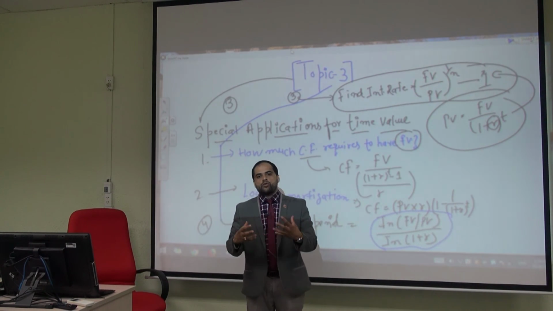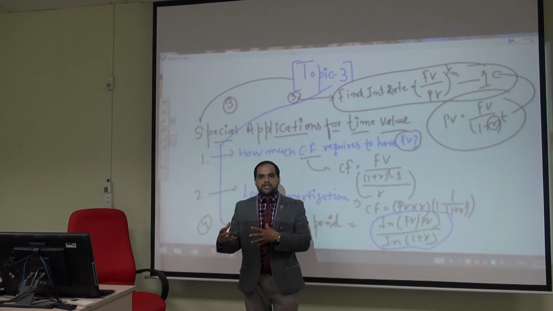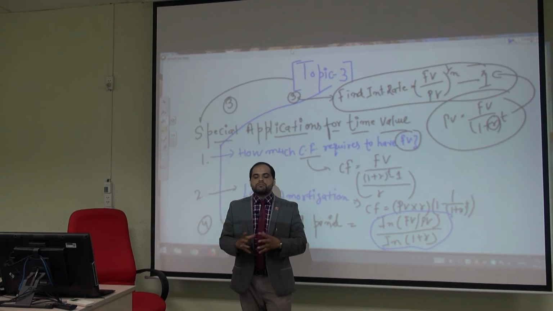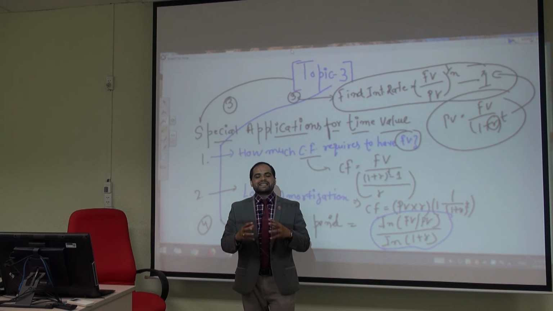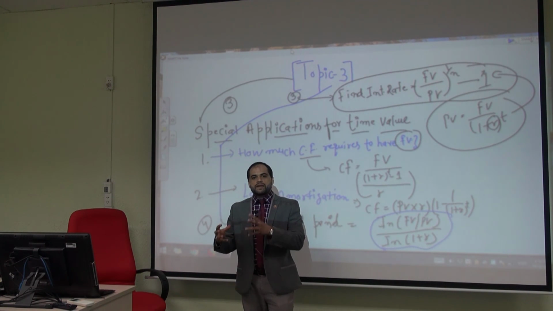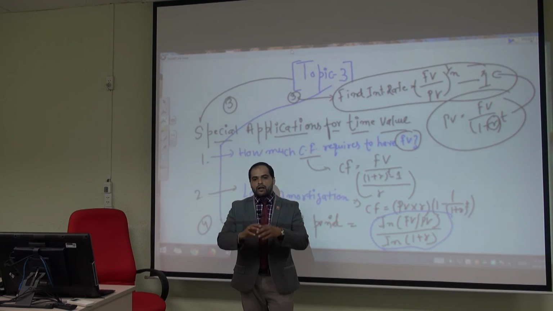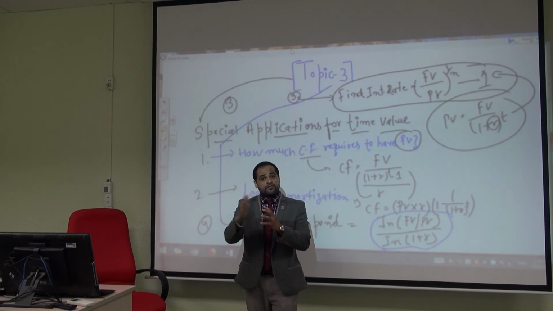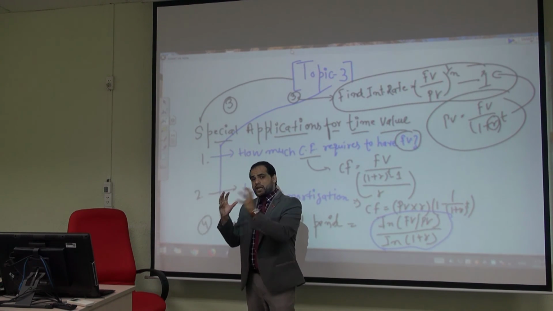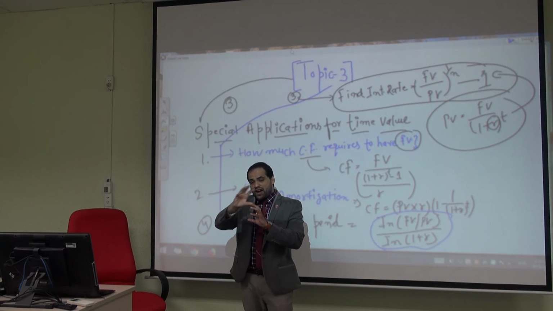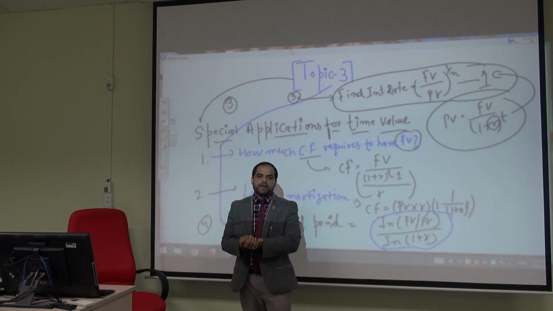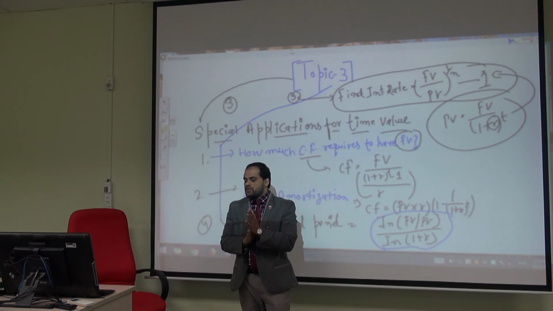So we have present value and future value using mixed streams. We apply the single amount present value and future value formulas, and then after we get the different present values or future values, we add them all to find the total present value or future value. So that's your first learning outcome.